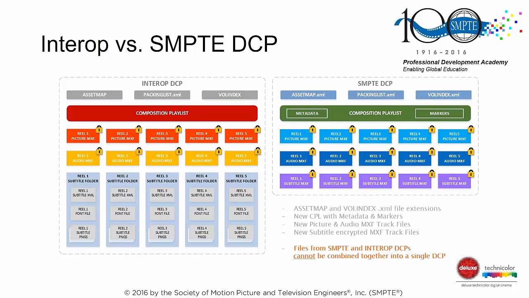And the subtitle and caption files are now wrapped as optionally encrypted MXF files in SMPTE DCP, including the font and or PNG files that they reference, as opposed to an Interop DCP where the subtitle XML files and the fonts and PNGs they reference were contained within directories, kind of raw.